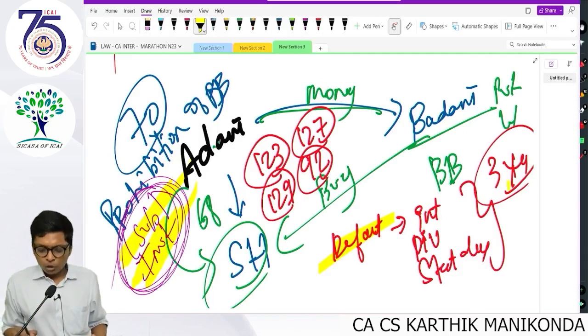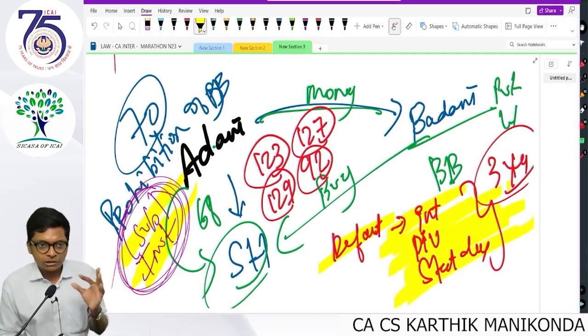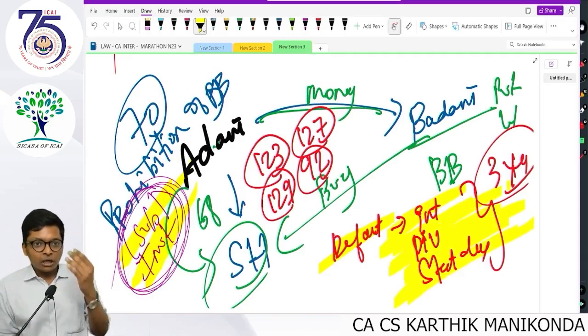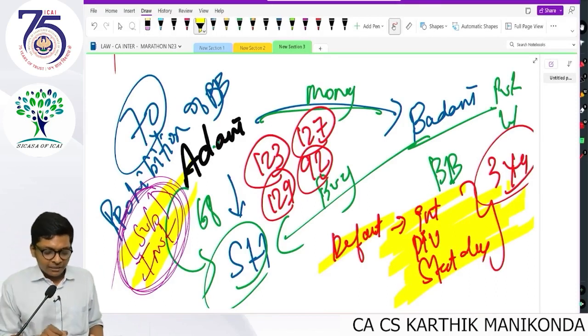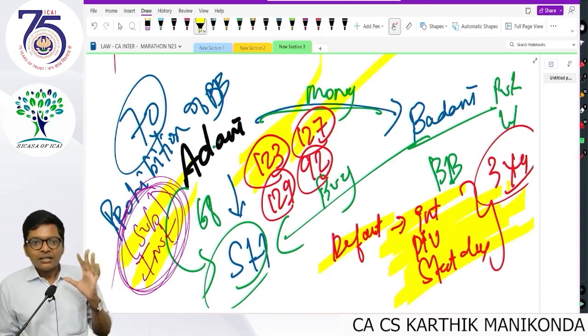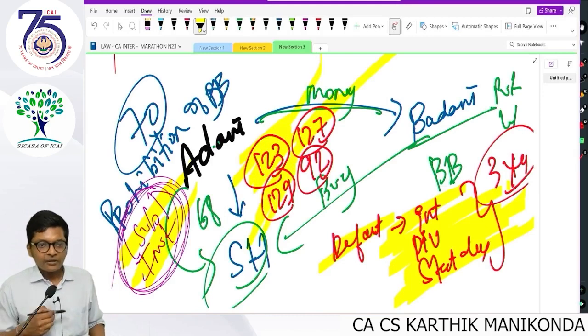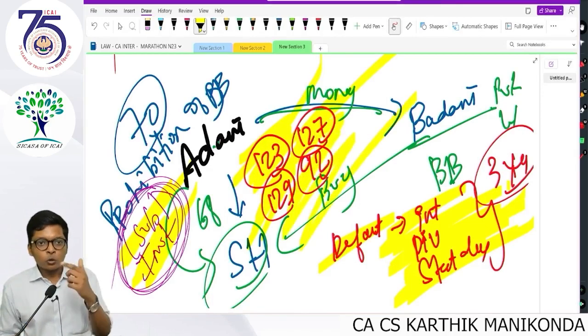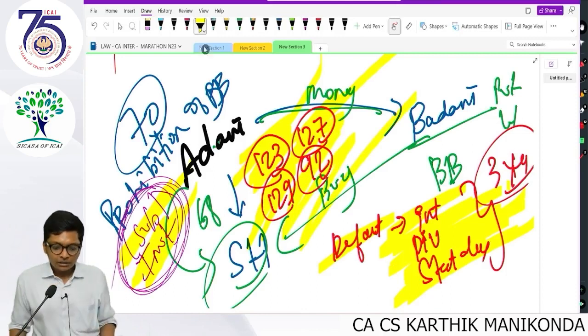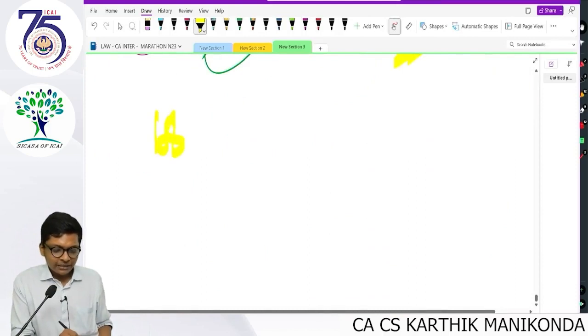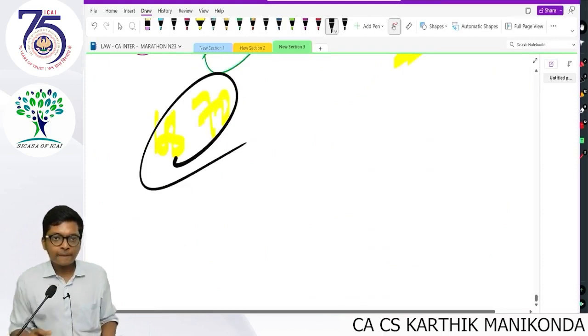Then you cannot do buyback if in the last 3 years you have defaulted in paying interest or principal or dividend or redemption of shares or statutory dues, or you have defaulted in declaring and paying dividend or not paid dividend within 30 days, in preparation of financial statements or filing annual return, then you cannot do buyback. You are not able to follow law. Why you want buyback? This is section 68 and 70.